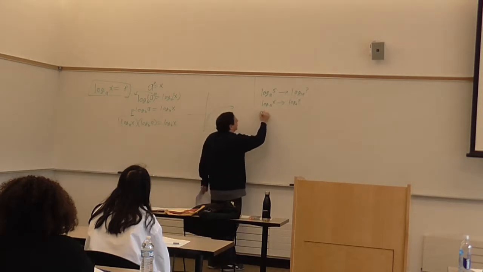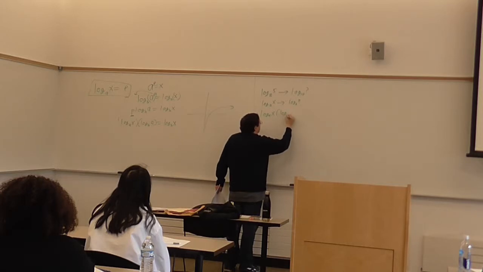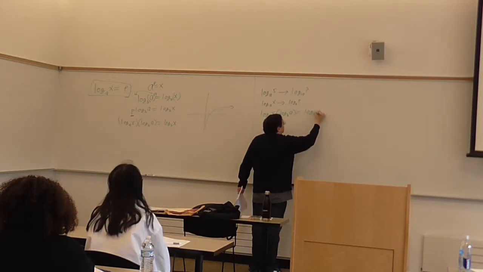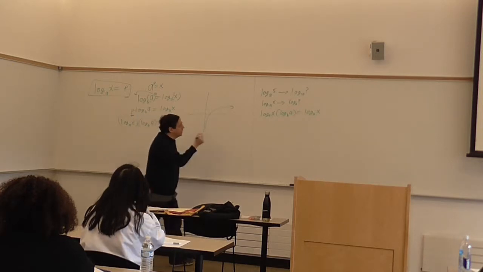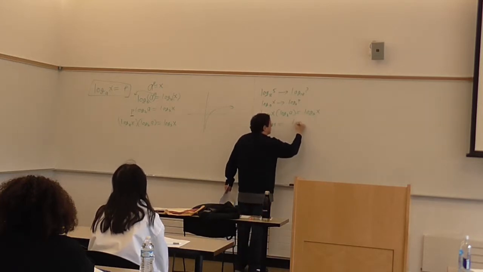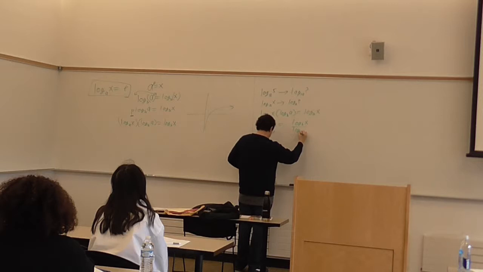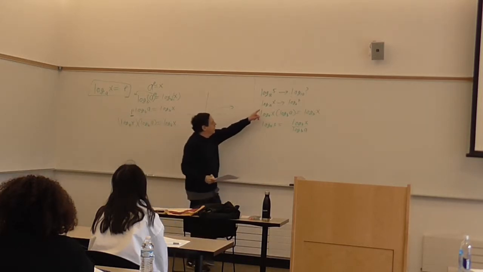That is, I can take log to the base a of x, multiply it by log to the base b of a, and I'm going to get log to the base b of x. Or I could divide through. There are a lot of logs and a lot of bases here, so you have to look carefully to get this straight. Okay, that's really what I wanted to do here.